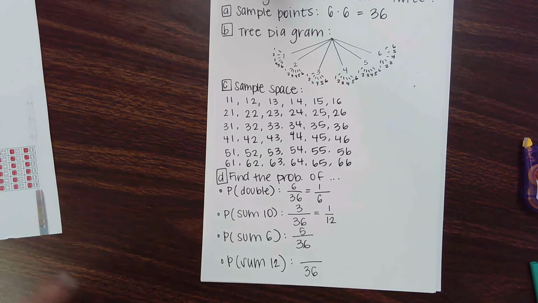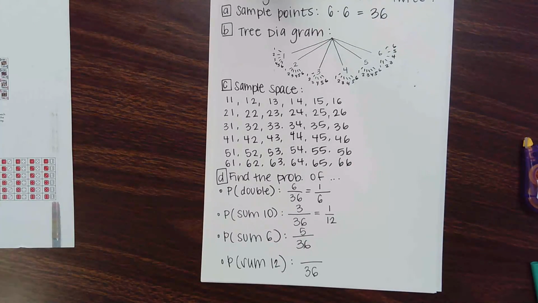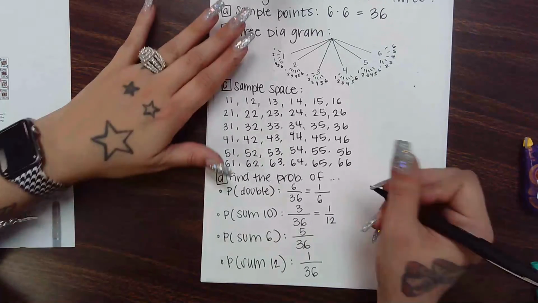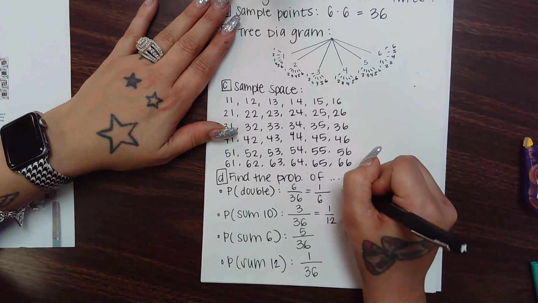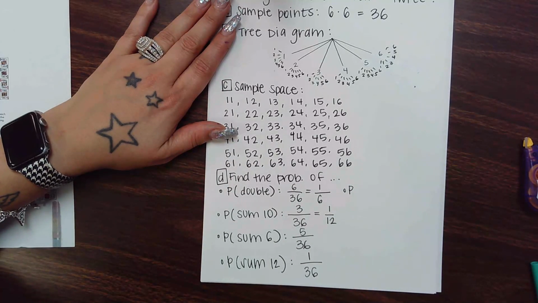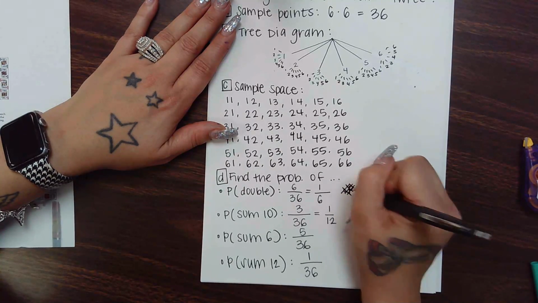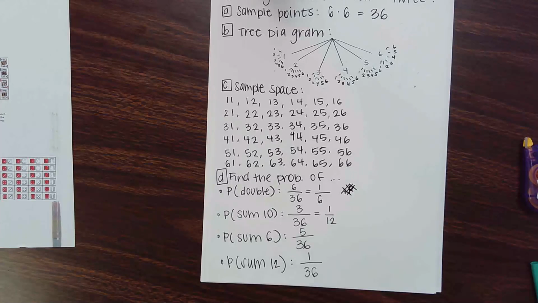How many times does rolling a sum of 12 happen? It's just 1 time, right? It's 6 and 6. So the probability of a sum of 12 is 1 over 36. That was it. I don't know what I saw when I looked up, but I thought it was a whole other example.